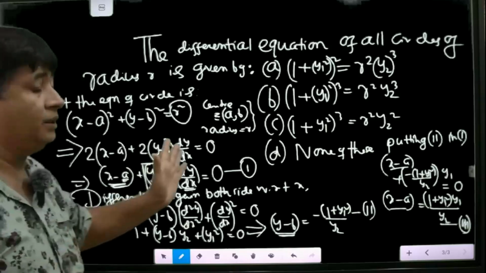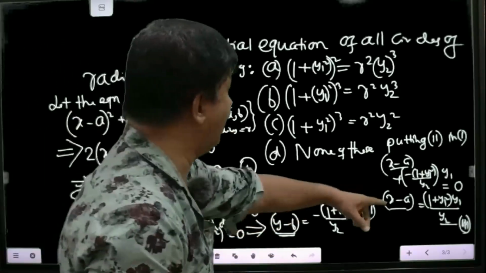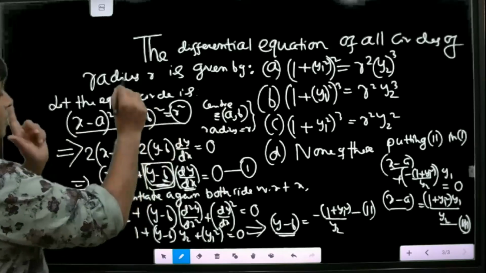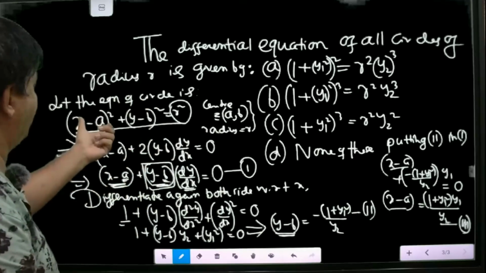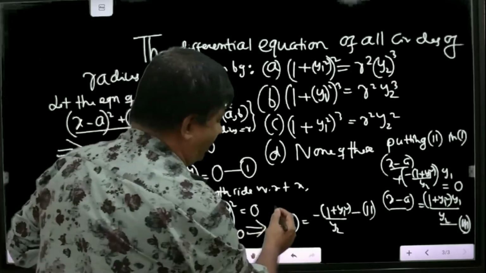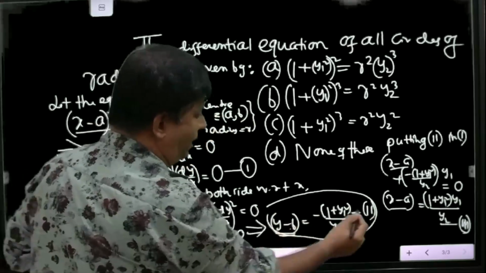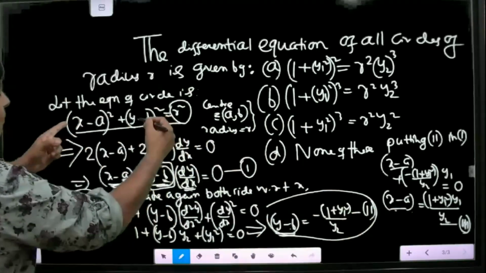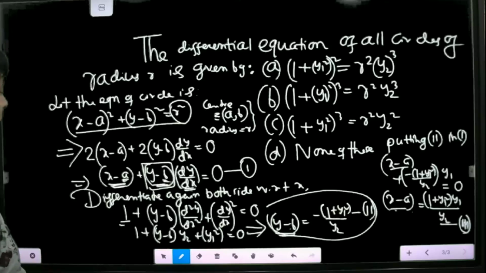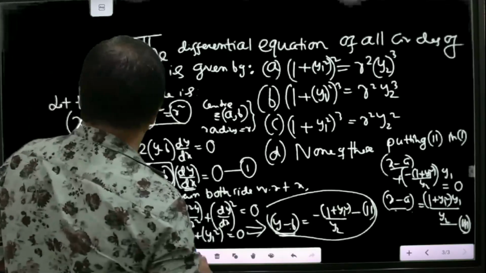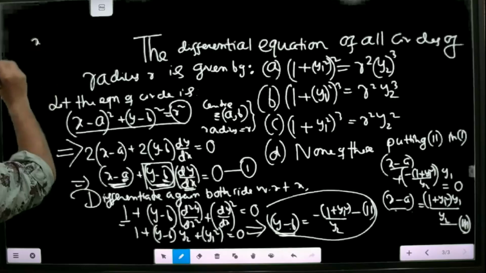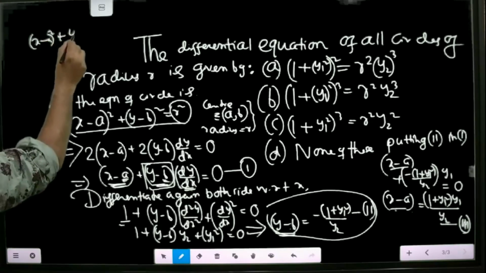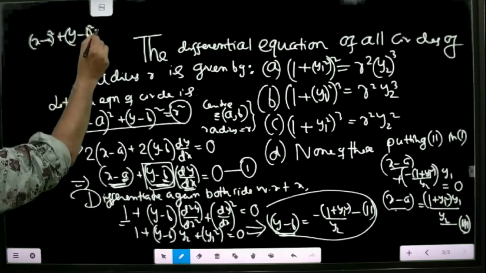Now, that x minus a and y minus b will be plucked and placed in the first equation of the circle. You plug these two values, y minus b and x minus a, here. See, (x minus a) whole square plus (y minus b) whole square is equal to r square.